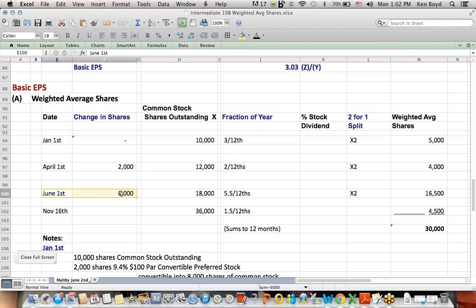On June 1st, the firm issues 6,000 more shares. That gets us to a total of 18,000 shares, and that's from June 1st to about mid-November, which is about 5.5 months out of the 12. Then on November 16th, we have another event happening, and I'll get to that a little bit later.